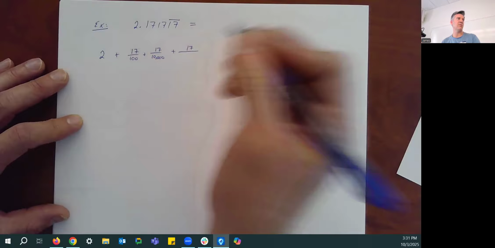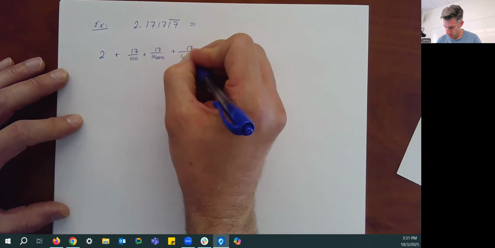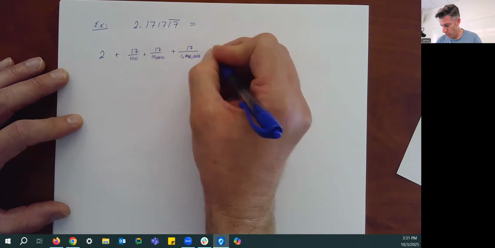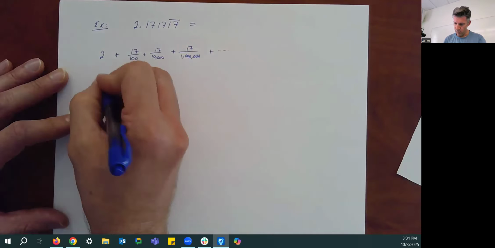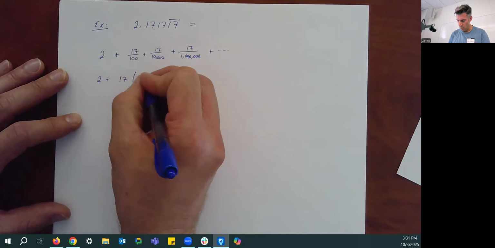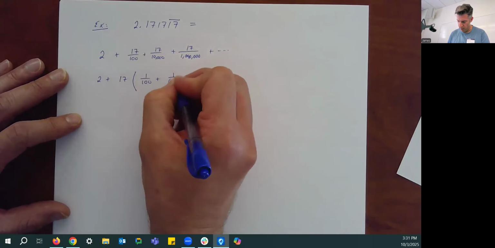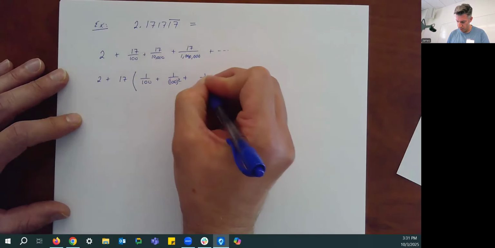Basically, every time you move 2 decimal places over, you get 2 more zeros on the bottom. Or written a better way, it's 2 plus, I'm going to factor out the 17 and multiply this by 1 over 100 plus 1 over 100 squared plus 1 over 100 cubed.